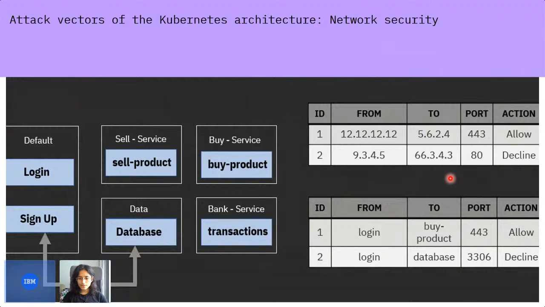Instead, the rules are designed based on service labels or namespaces, as shown here. Depending upon that, that's how you allow the rules. If someone is going to buy a product, you allow that. If someone is trying to log into the database, you need to decline that.